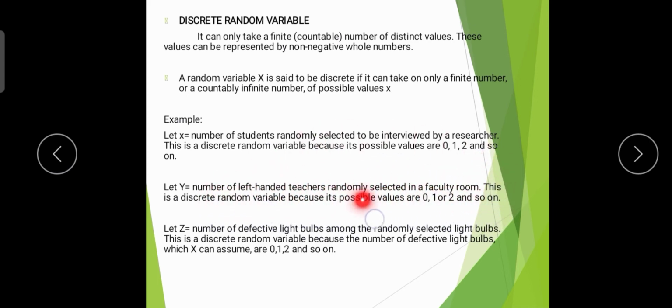Nabibilang pa rin natin siya because whole number siya. So, last example, number of defective light bulbs among the randomly selected light bulbs. This is a discrete random variable because the number of defective light bulbs which X can assume are 0, 1, and 2, and so on. So, that is the meaning of discrete random variable.